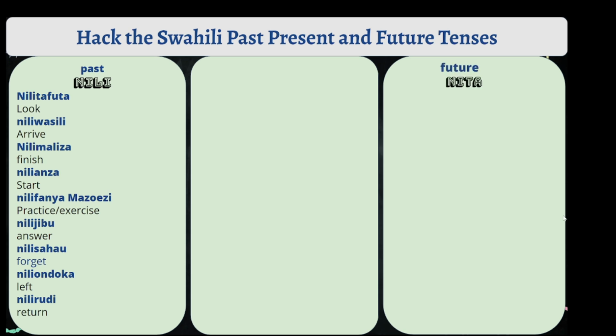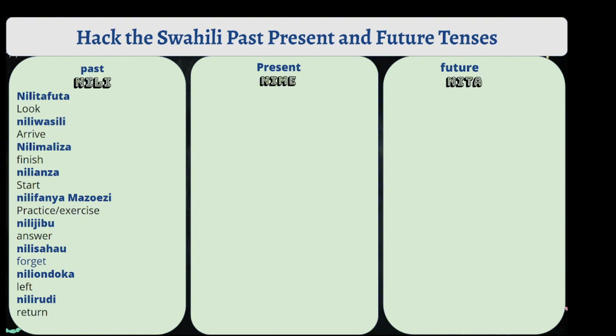But let's move on to the future. And again, look how easy it is. You just add nita, N-I-T-A, nita, not neither, nita. And again, just using the same verbs we've been using, you can go down the list and just plug in nita for future, plug in nime for present.